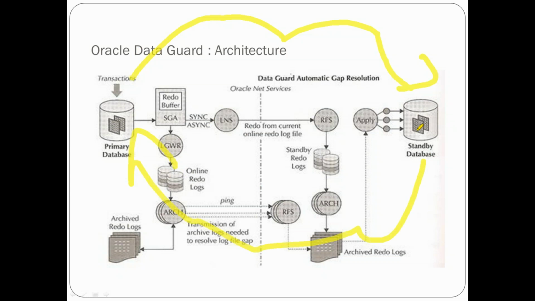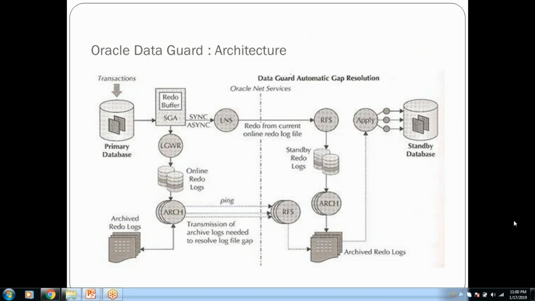When the roles are reversed, the standby becomes primary, so it is opened. Now this one is open in read-only mode, or it is open in the mount stage. Anyway, one system can only be used for transactions. This activity is known as a switchover activity. Switchover means no transaction is lost.